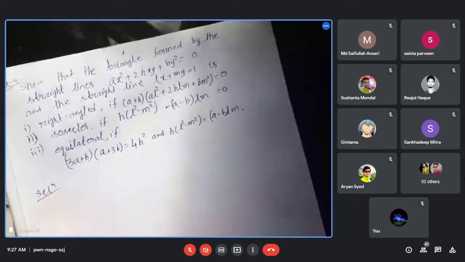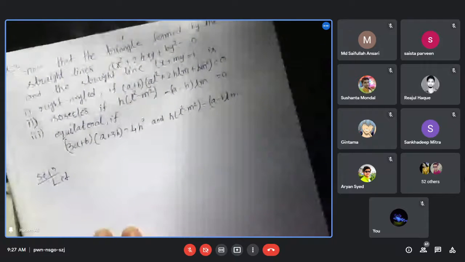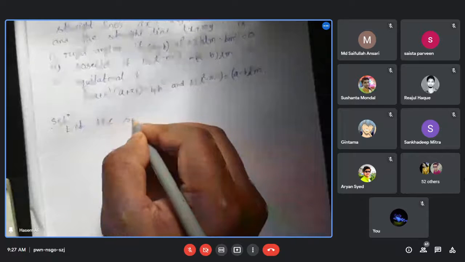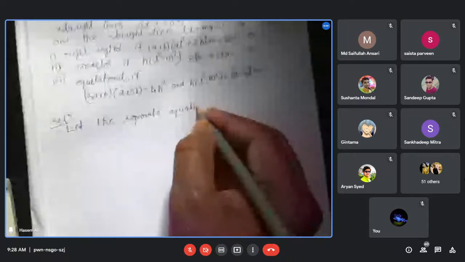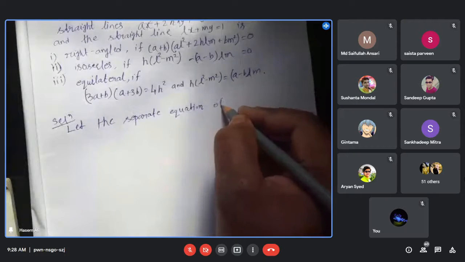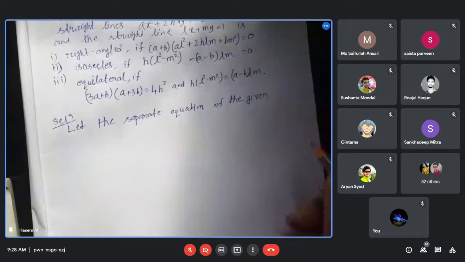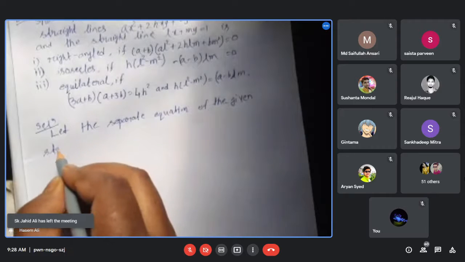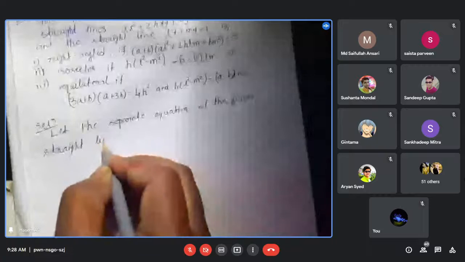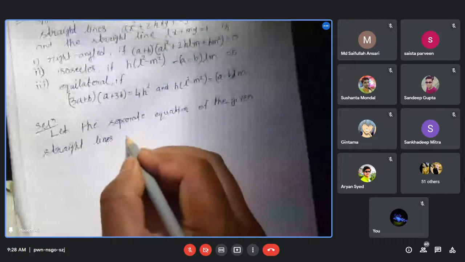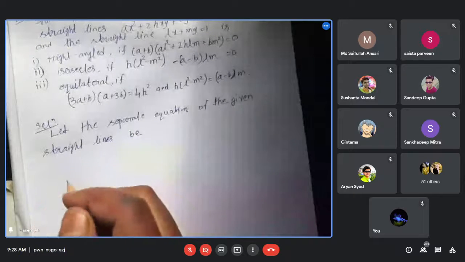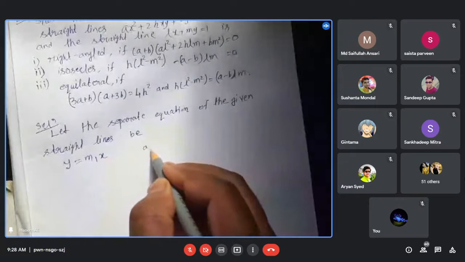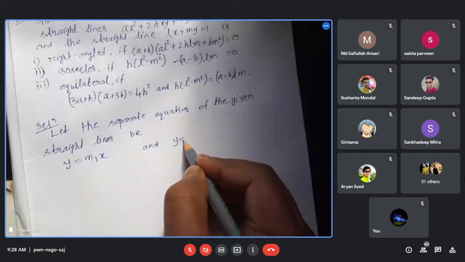Solution. Let the separate equations of the given straight lines be y equals to m1x and y equals to m2x.